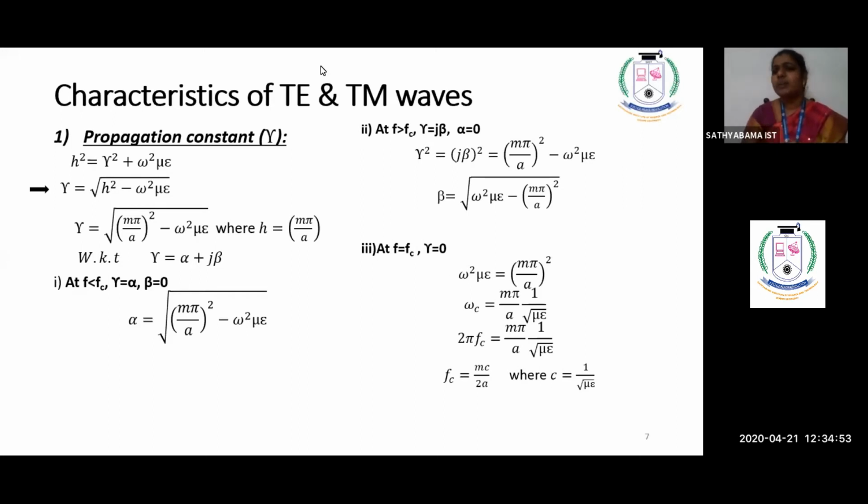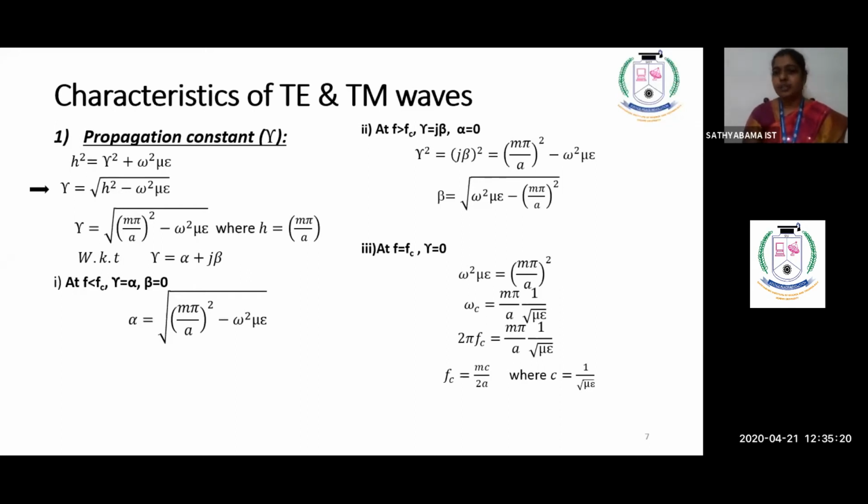Now what will happen when f is equal to fc? When f is equal to fc, neither attenuation nor propagation will happen. Here the wave will start to cease. It is now ready to propagate at that level. It is just like the orange light in a traffic light. It is getting ready to propagate. When the threshold is increased, your wave starts to propagate. So that is what I have mentioned here.